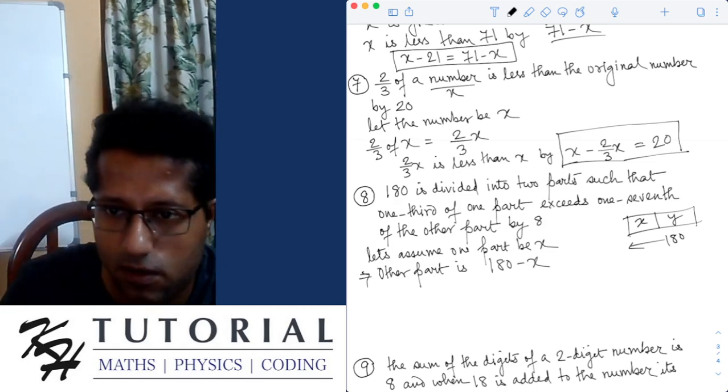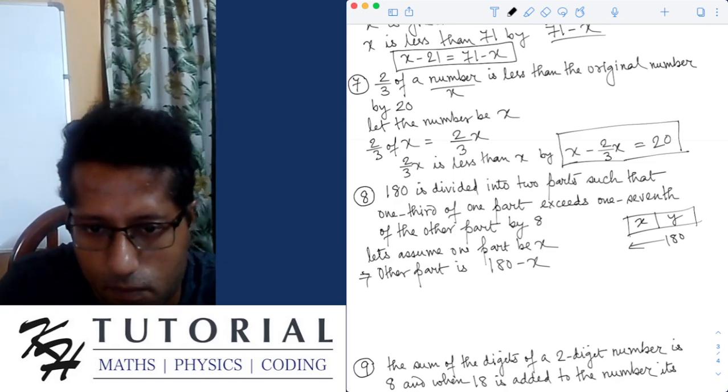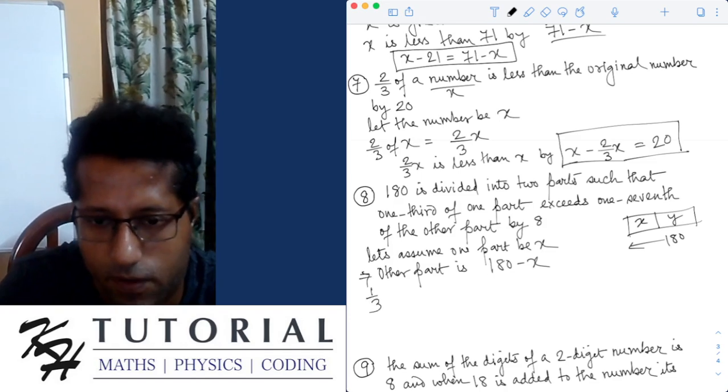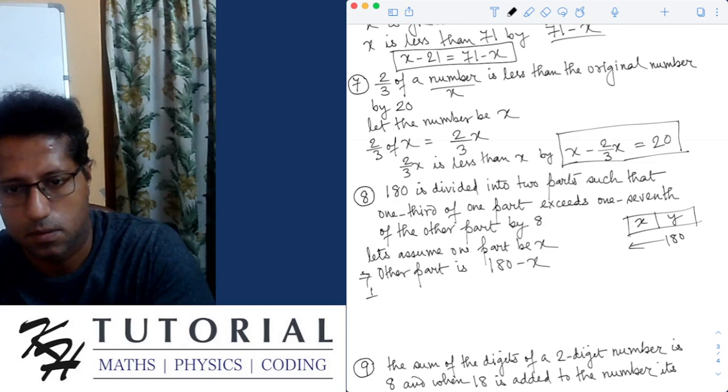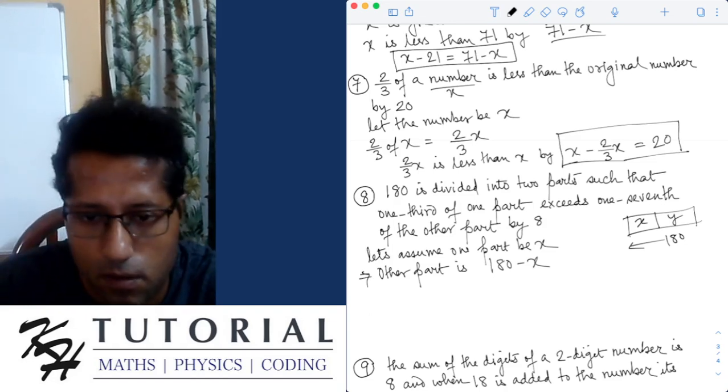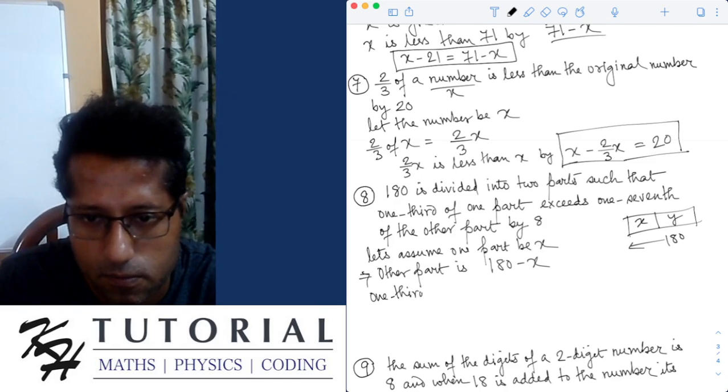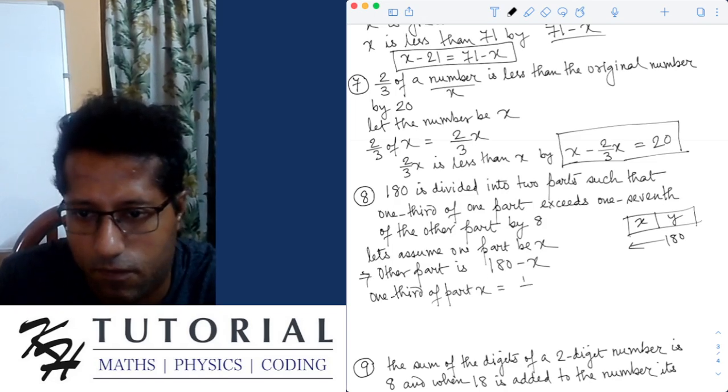Okay, so 1/3 of one part, so now 1/3 of part x equals nothing but 1/3 of x.